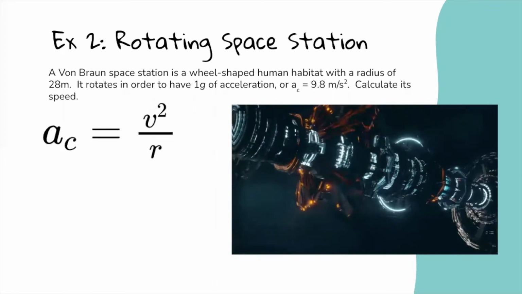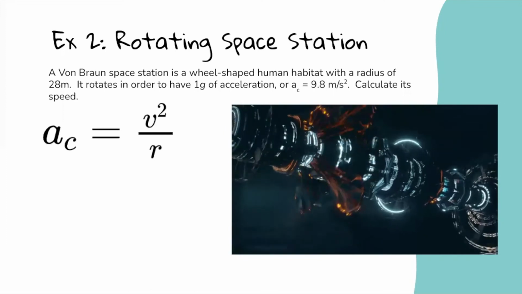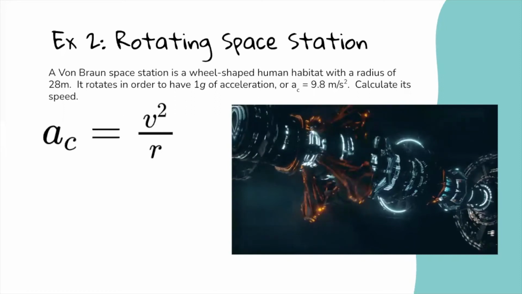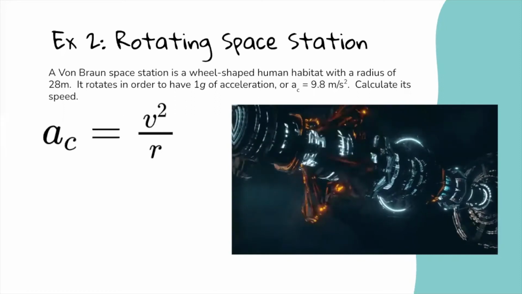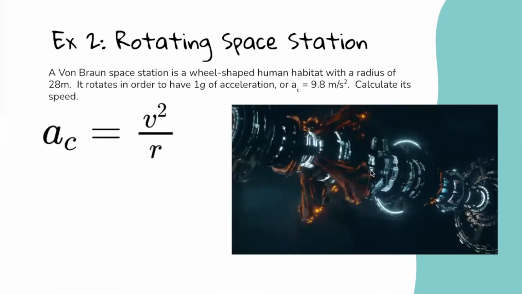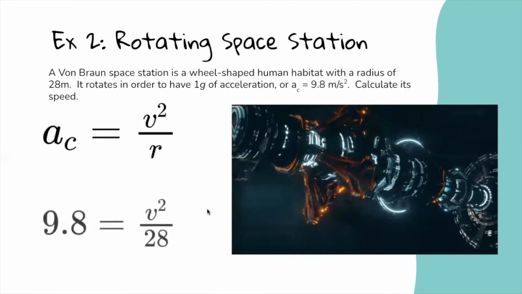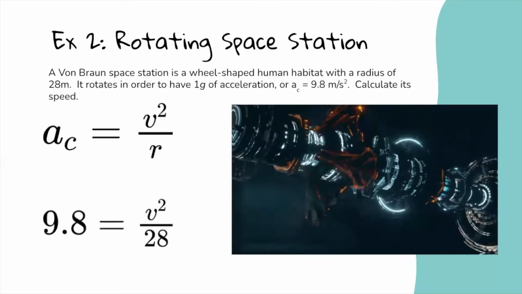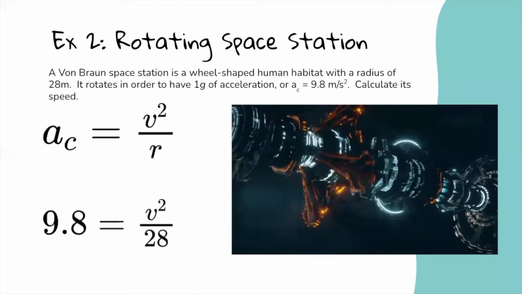So what I want you to do is grab your calculator for me and try this problem out. If I have a space station where acceleration is equal to 9.8 and the radius is 28 meters, how fast does it need to go? For kids at home, pause this video and do this calculation out.